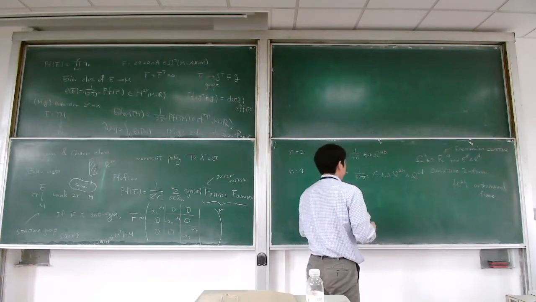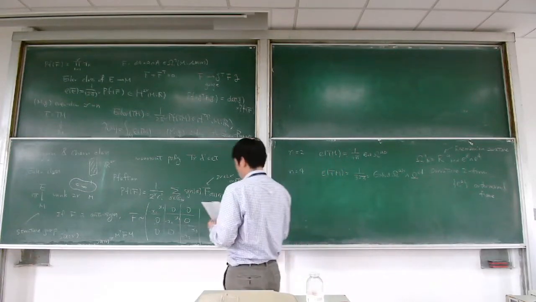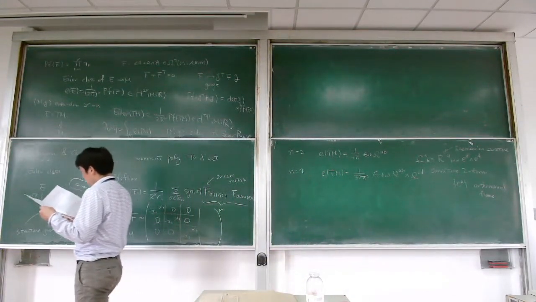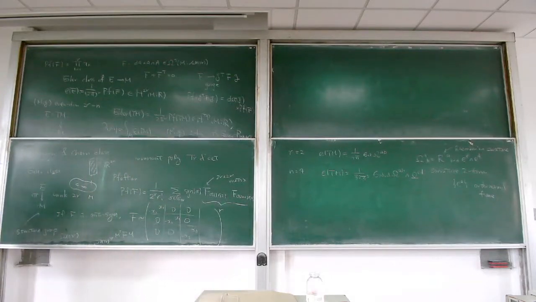Okay, so everything you can write down in terms of the Riemann curvature form. So if you integrate it out, you get the Euler characteristic.